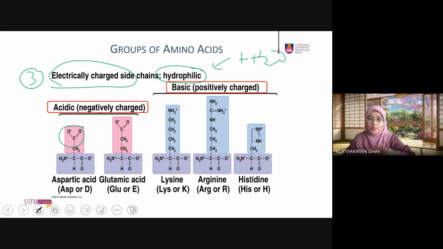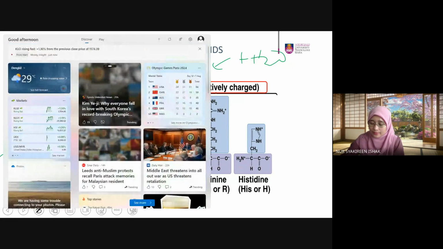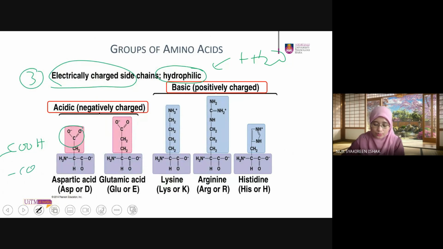The carboxyl group will be ionized and becomes negatively charged. The carboxyl group is originally COOH, right? So when ionized it becomes COO negative. Because it has a negative charge, it can attract water molecules, causing the amino acid to be hydrophilic. So this is an acidic amino acid, that is, the molecule has a negative charge.